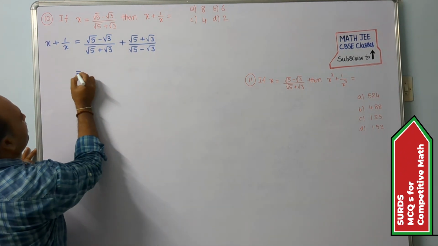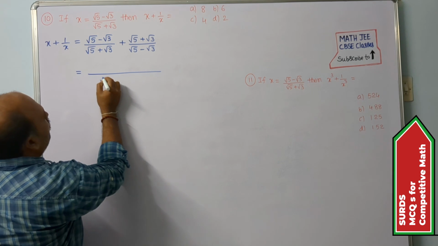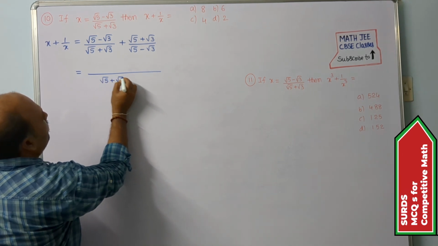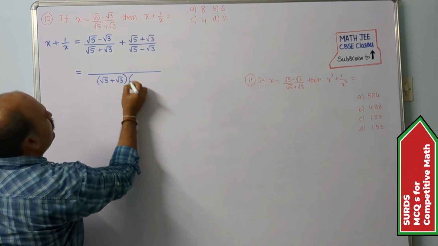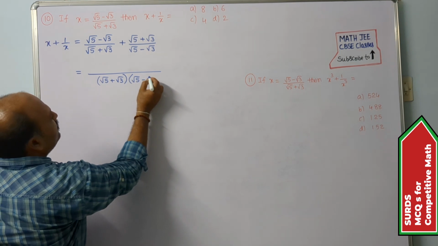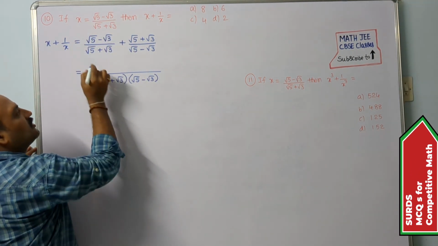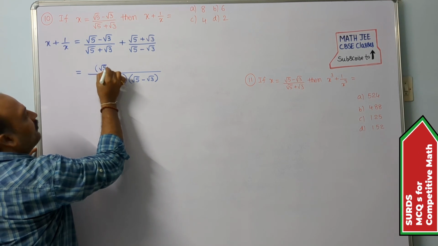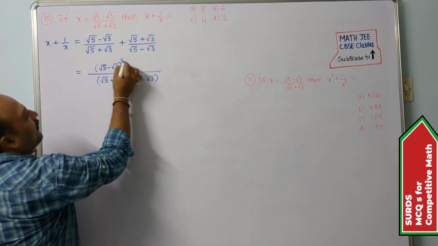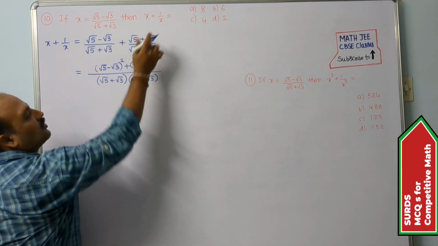Now you take the LCM: root 5 plus root 3 into root 5 minus root 3. Root 5 minus root 3 whole square plus root 5 plus root 3 whole square.